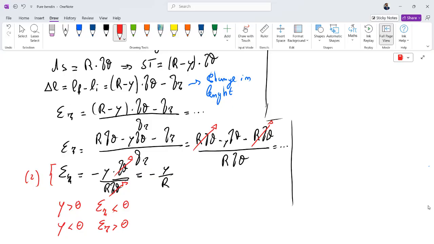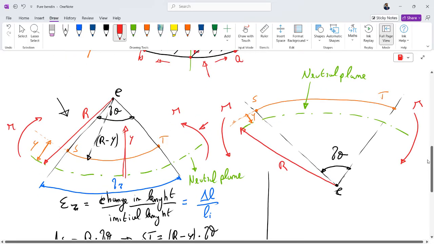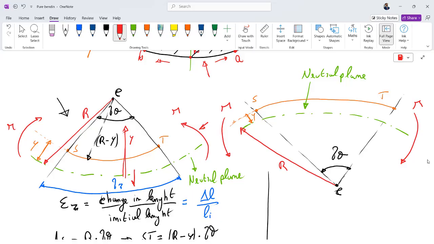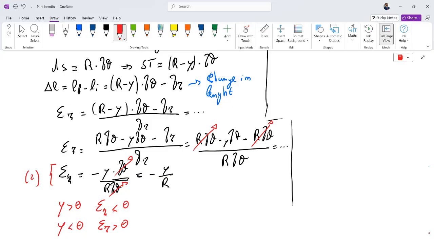While all the fibers placed in the direction of negative y have a length that is greater than the initial length.